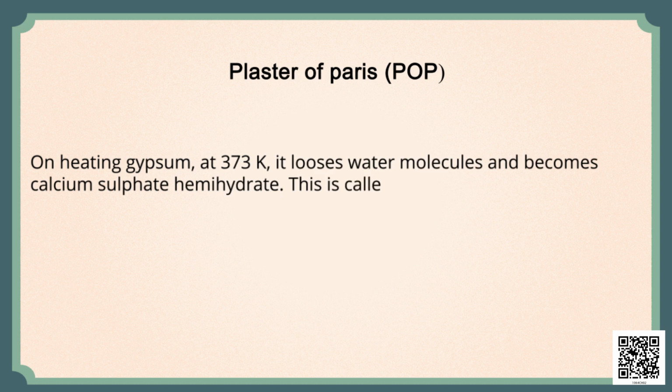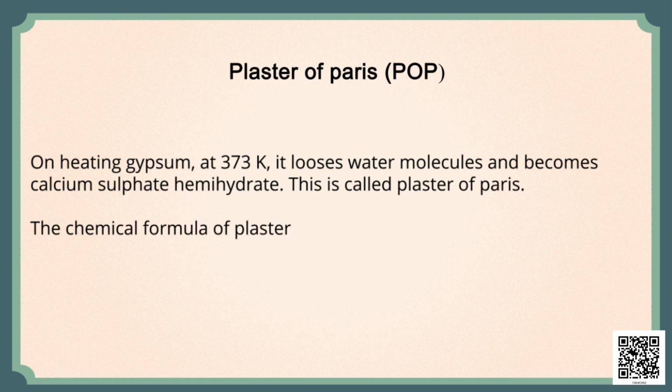This is called plaster of Paris. The chemical formula of plaster of Paris is CaSO4.2H2O. Plaster of Paris is a white colored powder which, on mixing with water, changes back to gypsum.